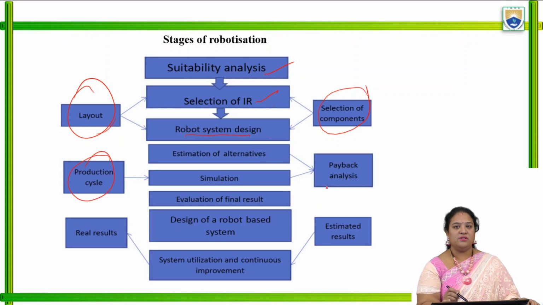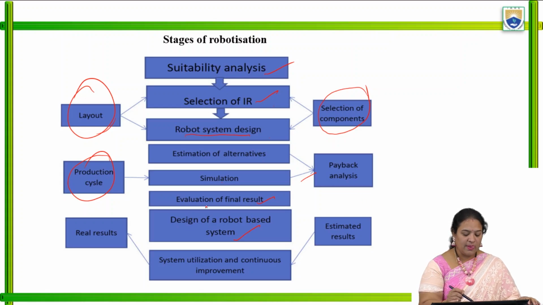In the simulation process of the robot design, we come across the production cycle, which also acts as a payback analysis. And then we evaluate the final result. After the design is done, we need to evaluate whether it is correct or wrong, whether it is appropriate or not. We evaluate the final result, followed by the design of the robot-based system.